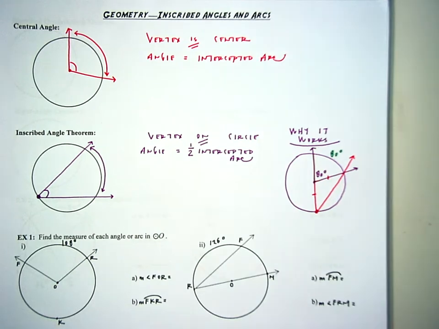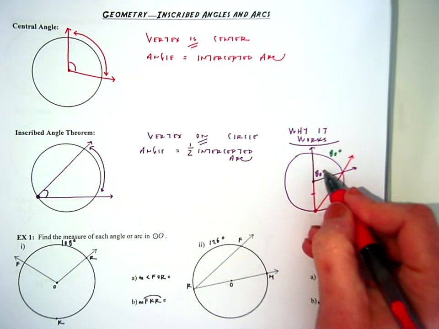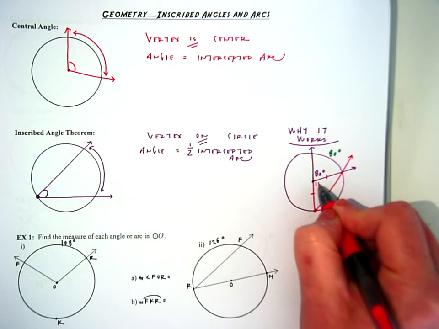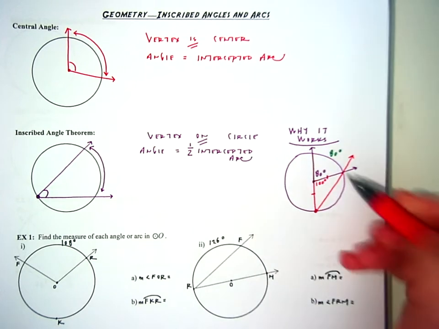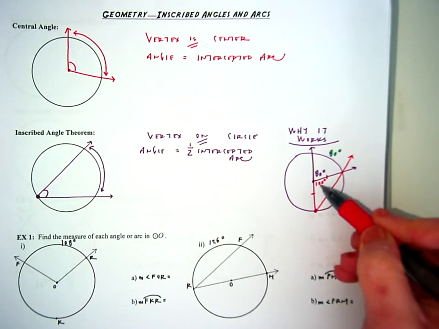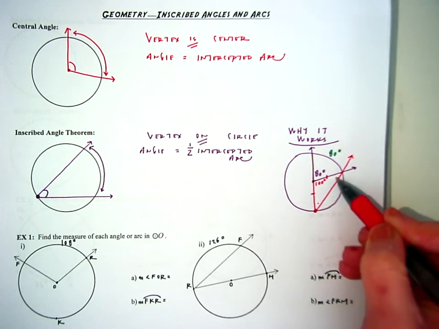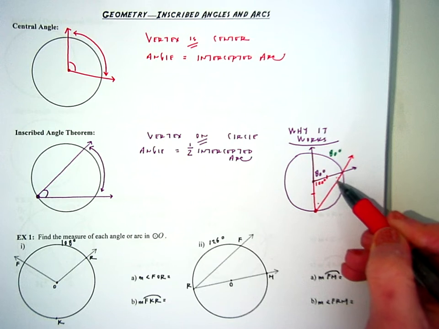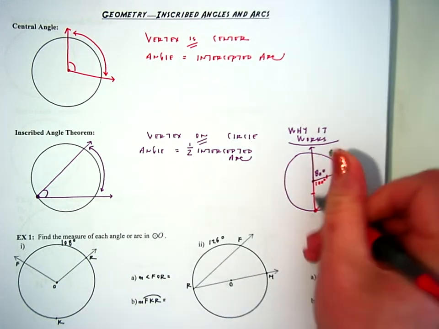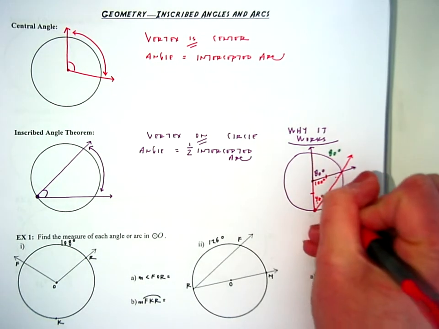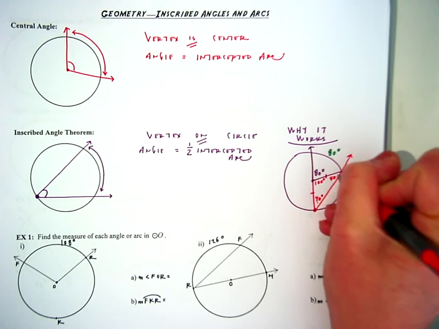I know that if this is 80, the supplement would be 100 because they form a linear pair. They have to add to 180. These two base angles of my isosceles triangle have to be the same. So I have to split that remaining 80 degrees into two parts, and I get 40 degrees here, and 40 degrees here.